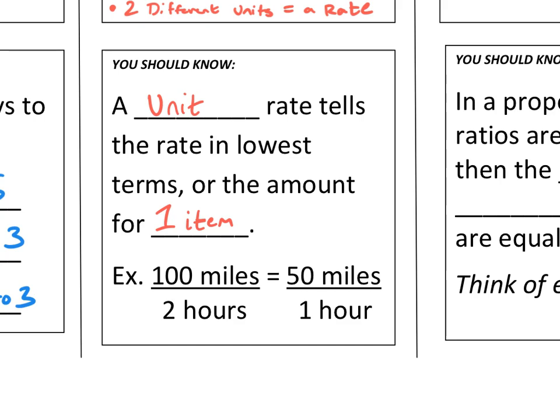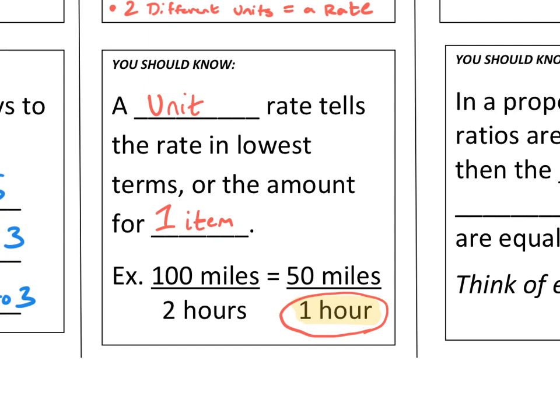A unit rate is when you get the number 1 in the bottom, or you get it reduced down as much as possible. So in this case, the unit rate for 100 miles in 2 hours is 50 miles in 1 hour. It is the lowest terms, the smallest terms. Is everybody with me? The big thing there is recognizing that you need to reduce it down as much as you can so that you get a 1. Any questions there?